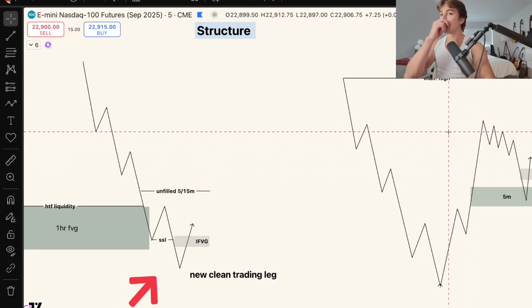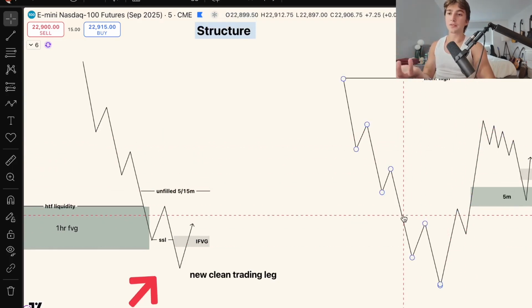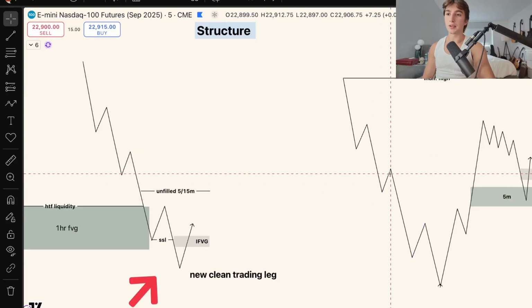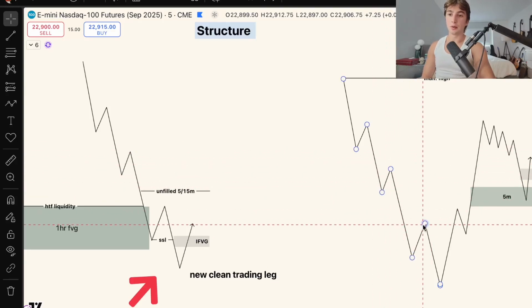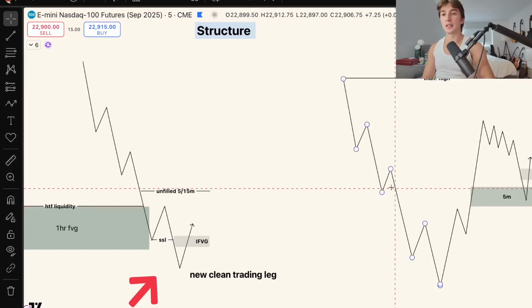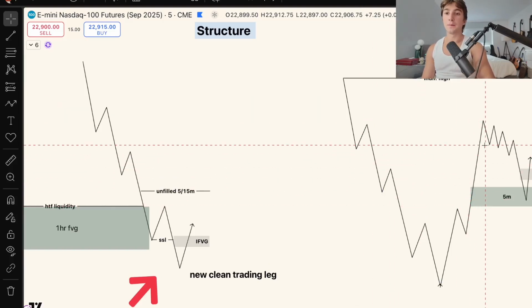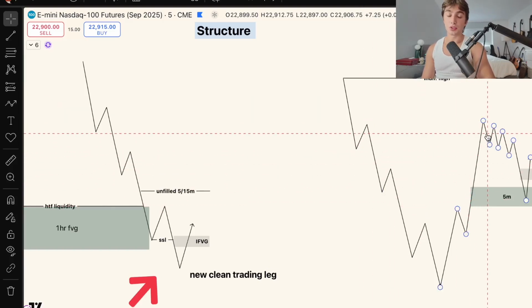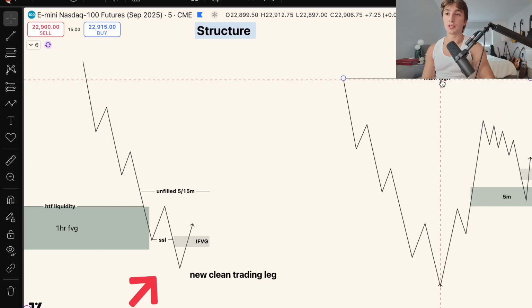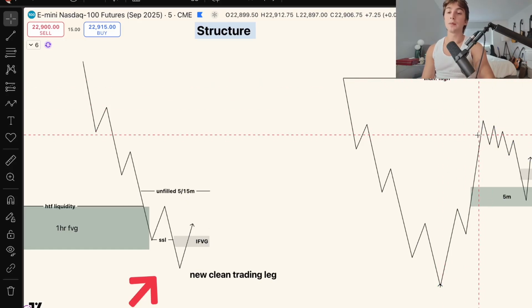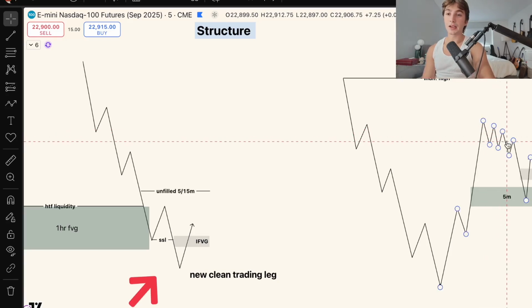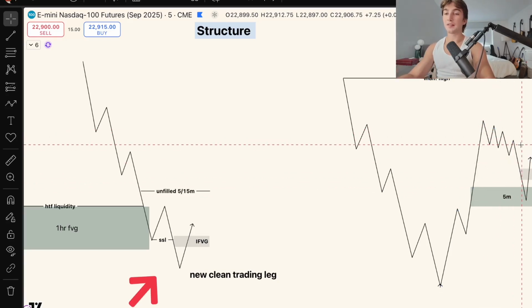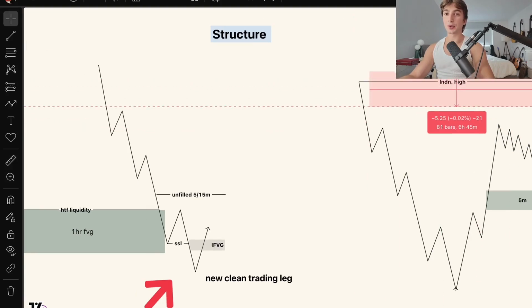So now we know order flow has flipped. We've been bullish, we've been breaking past these highs, and we've been running through all this sell side and these bearish fair value gaps. Now it's most likely that we'll want to run to London highs. So let me wait for some structure to get created to the downside, so when I long, I have internal liquidity and external liquidity to target.